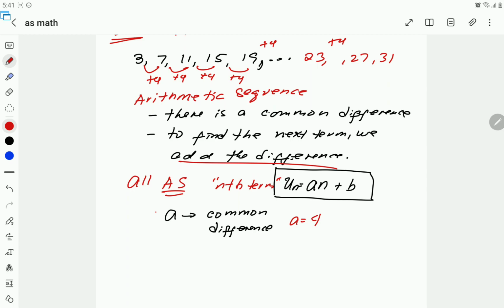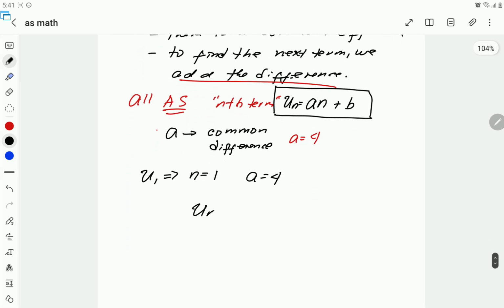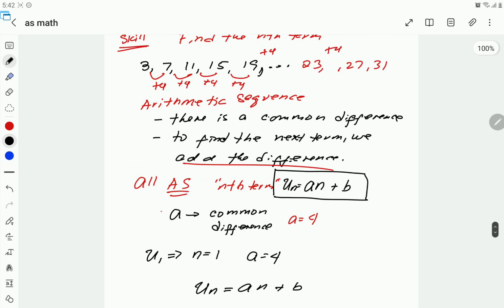And then, how shall you get the B? So, the B can just be simply taken by this. You may take the u sub 1. You know the u sub 1 will happen if n is equal to 1. So, knowing that your A is equal to 4, let's plug it in this equation. Our first term, what is our first term? The first term was 3.